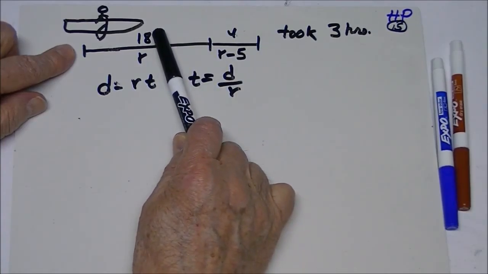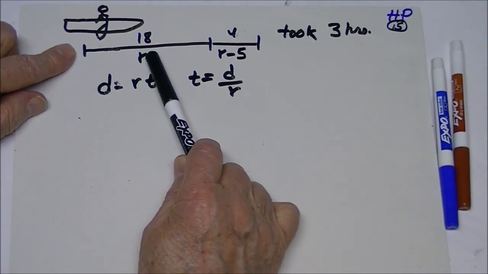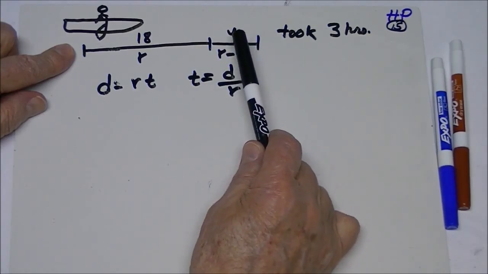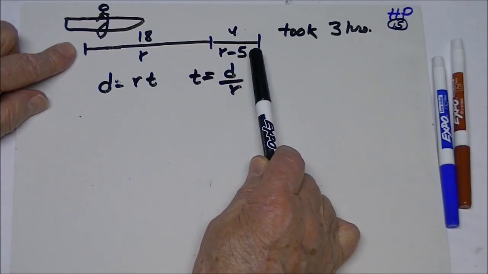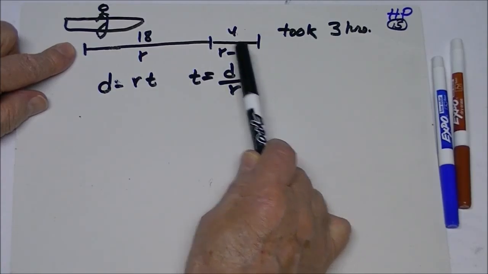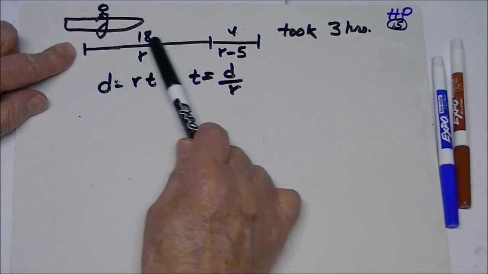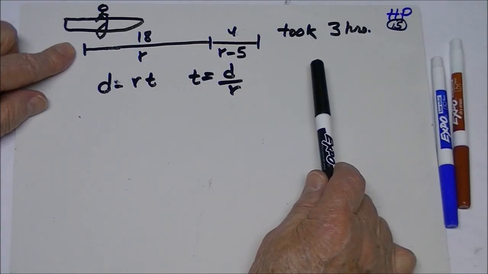And at the 18 miles, he did a certain rate. We don't know that rate. And at the 4 miles, he did that rate, but 5 miles an hour less. So in a sense, this is the 18-mile portion, and this is the 4 mile.